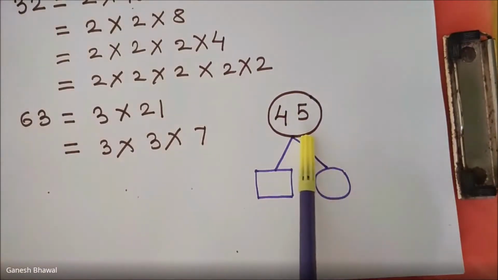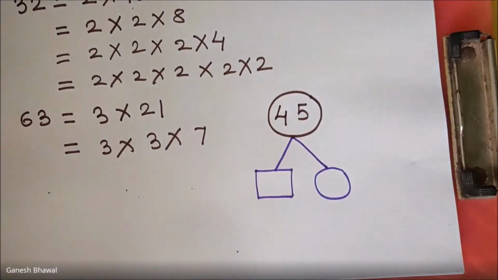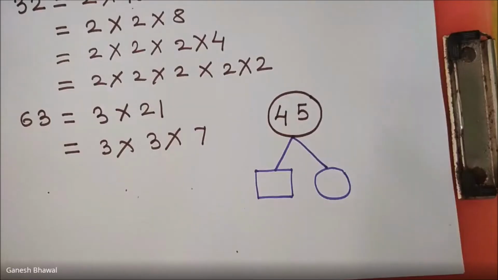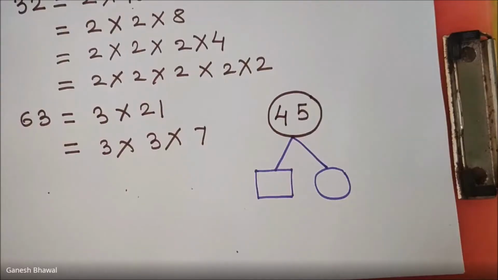Now tell me, 45, in which table does it come? 5 9s are 45, 5 and 9 we will take.